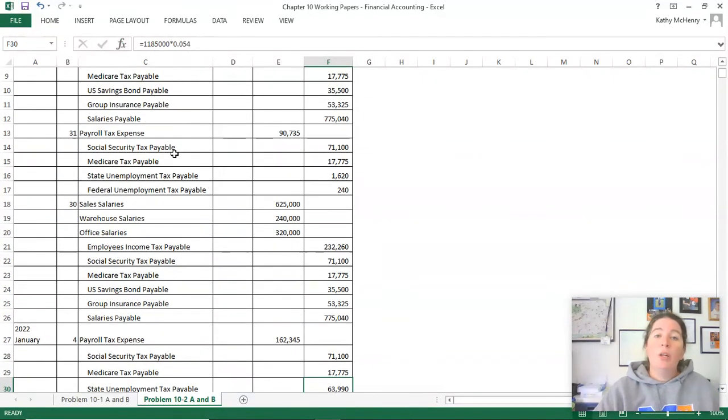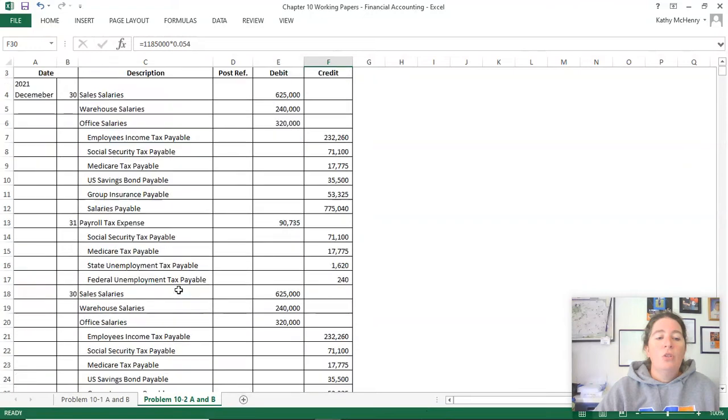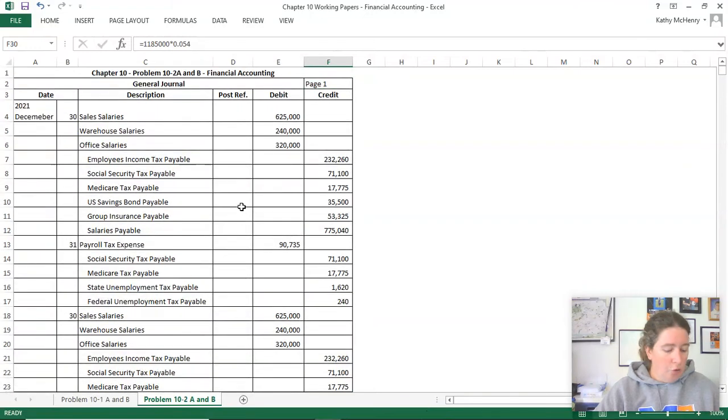So we were to the point where we only had to pay unemployment taxes on that last $30,000. Okay. This entry was the first one of the fiscal year. Therefore, we had to pay it on all of the salary, not just whatever we had left over from the year. Okay. So that is problem 10-2B.